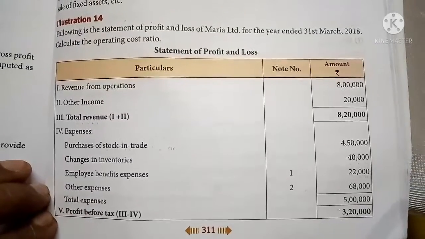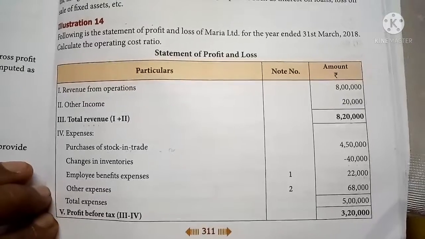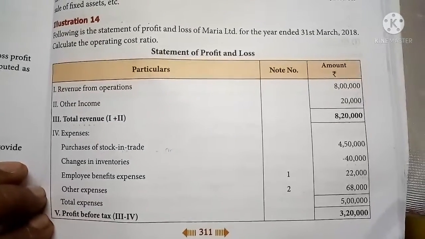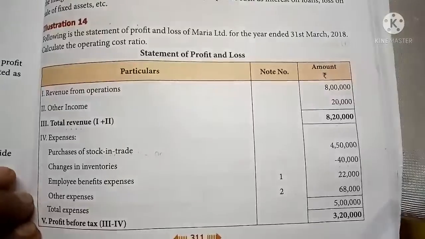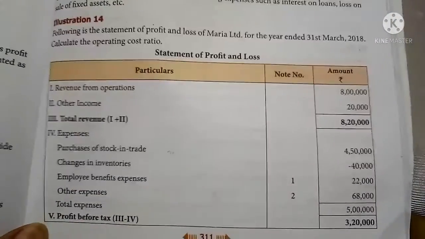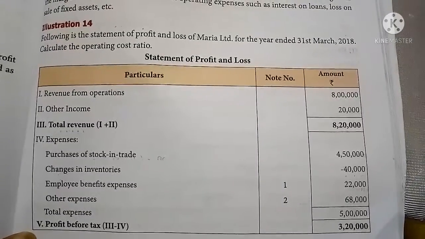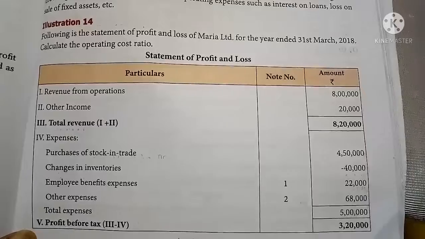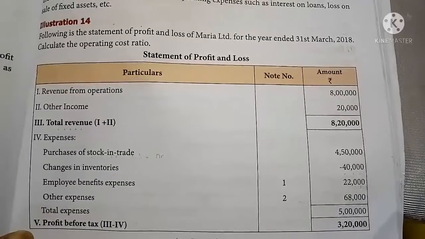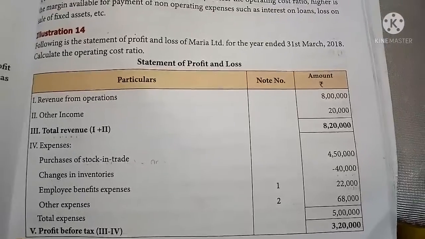From the expense point of view, purchase of stock in trade 4,50,000, changes in inventories negative 40,000, that is the difference between opening and closing inventories, employee benefit expenses 22,000 and other expenses 68,000. The total expense is 5 lakhs. Profit before tax is 3,20,000.